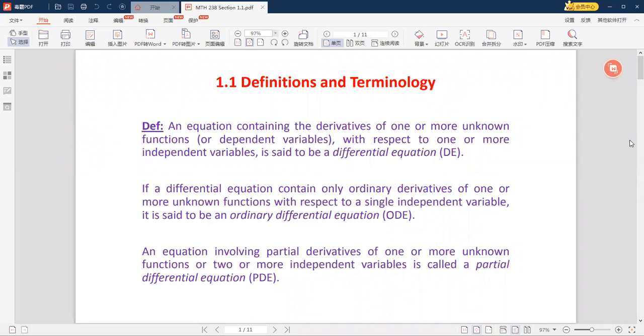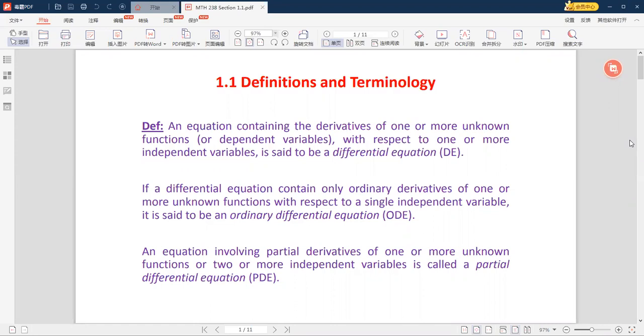That's why you get the partial derivatives. So in a partial differential equation, or PDE, you will have partial derivatives of functions. That means you have more than one independent variable.